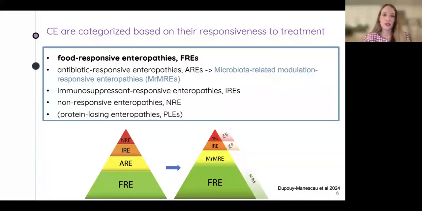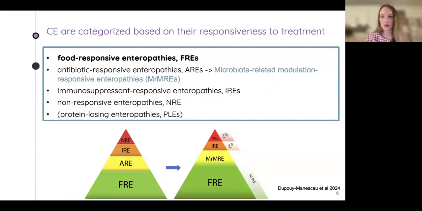Protein losing enteropathy, which Eva is going to go into in much more detail, is a group that is kind of outside of all of this. We would use the same modalities and the same approach, but those patients are a bit harder to handle.